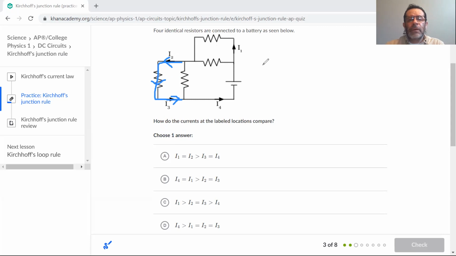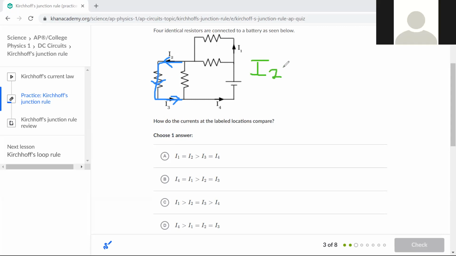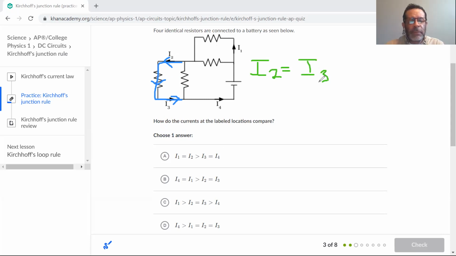And if we assume that I4 is the biggest one, then also C. Let's see that, JC. If we assume that I4 is going to be the larger one, then we could probably eliminate C, because it says that this is larger.